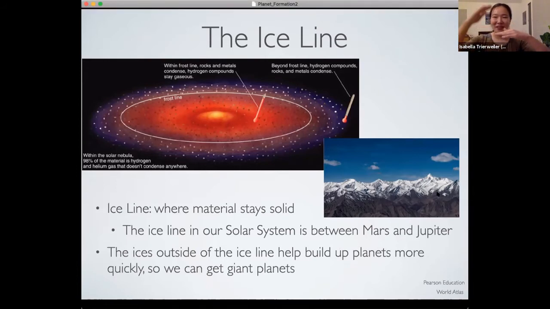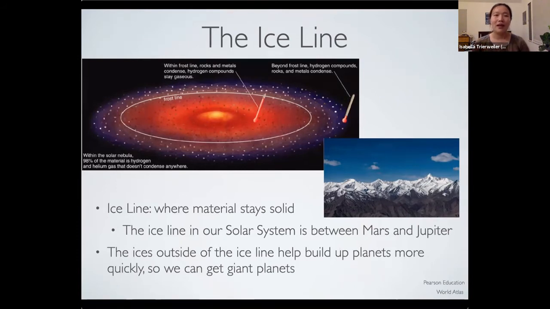There's a line where above it you can have all the snow and below it's all going to melt. The ice line is basically the same. So it's a point in our solar system where beyond the ice line, we're going to be far enough away from the star that we can hold on to ice. So things will be solid and frozen. But if we're within the ice line, we're going to be too close to the star, and so material is going to melt or it's going to turn into gas and evaporate.